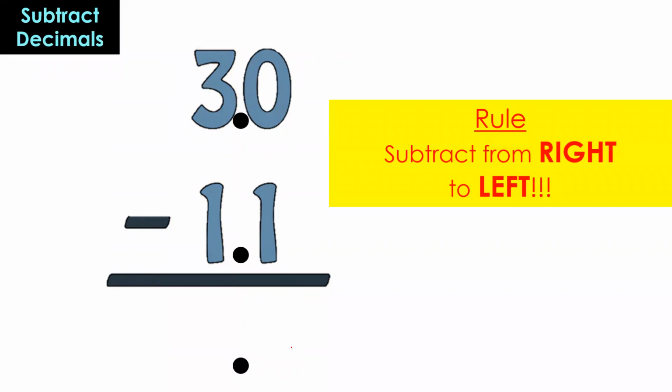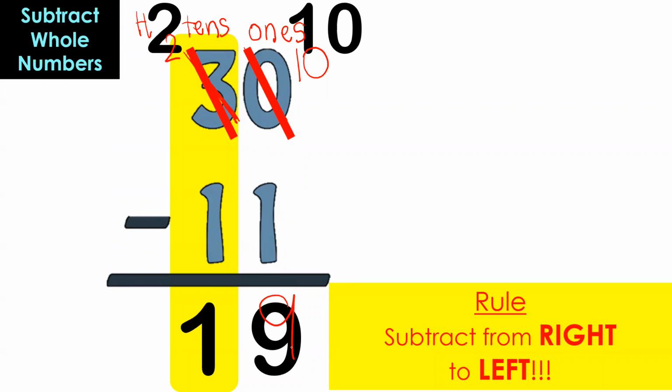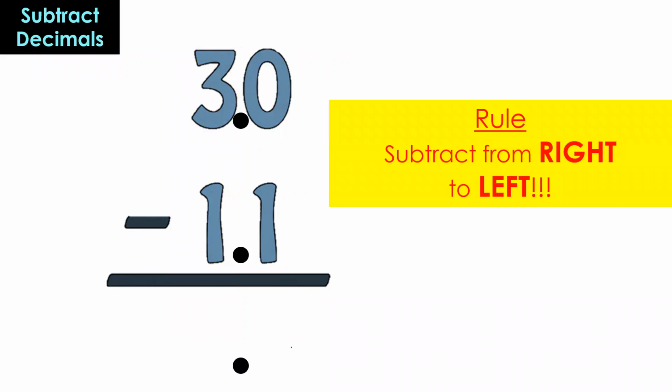So it's the same thing. You look at the numbers, they remain the same. But what I'm doing is I'm just adding in the decimal point. I'm adding in the bicycle wheel. Remember the bicycle wheel? So the same rule applies, subtracting from right to left. The first place that I'm going to subtract on the right would be your tenths place.